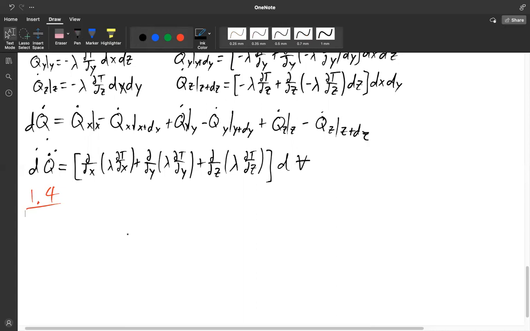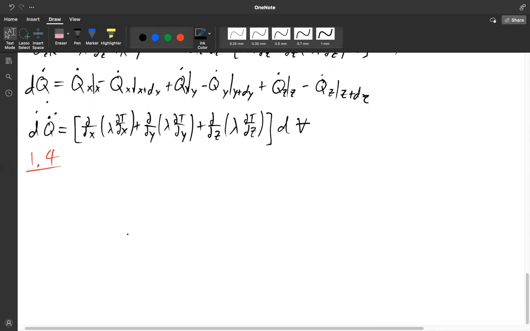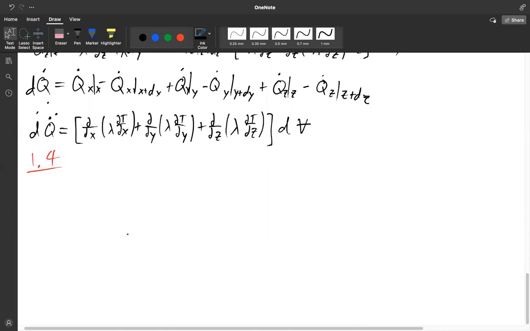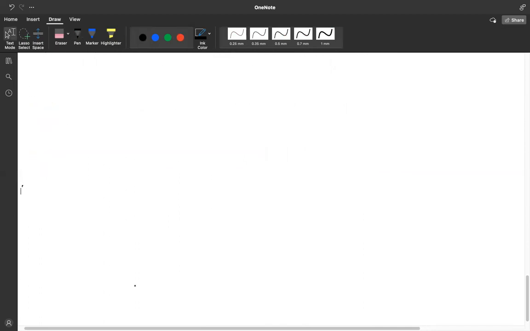And since this is a little bit lengthy, we will only look at the x direction and apply the same approaches to the y and z directions. So I'll just give you an idea of what the approach will look like for the x direction first.